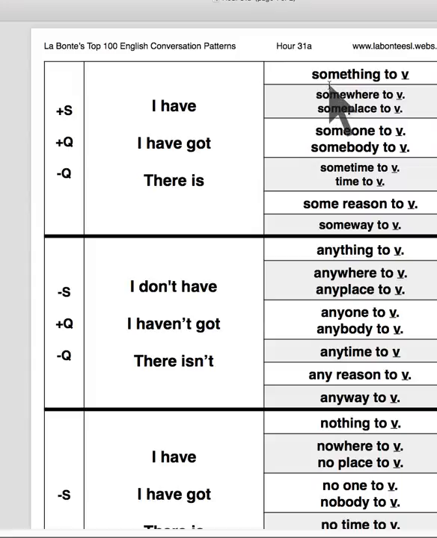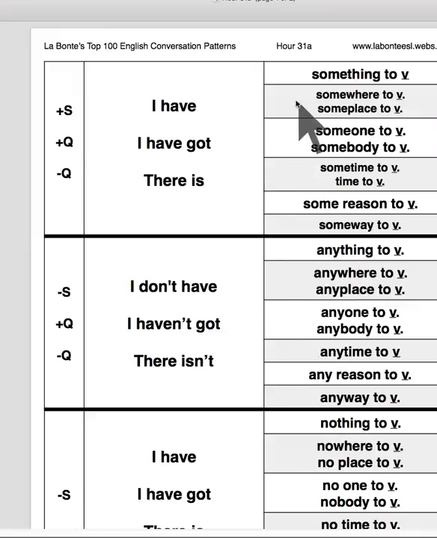Something, as we mentioned before, is not used in the negative sentence, and with anything, you don't have the positive sentence. I have something to eat. I've got somewhere to go. Is there someone to talk to? With anything, I don't have anything to do. I haven't got anybody to talk to. In a question format, because both of them are used the same here, do you have something to do? Do you have anything to do? It's exactly the same.